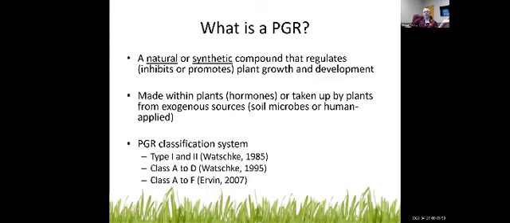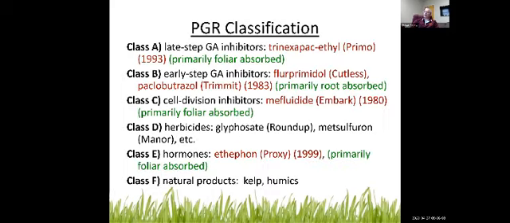We normally think of these things as plant growth reducers, but they can also be enhancers in the case of the biostimulants. Dr. Irvin, a former professor from Virginia Tech, now at Delaware, has done quite a bit of work in this area. Actually, he proposed one of the most recent classification systems.